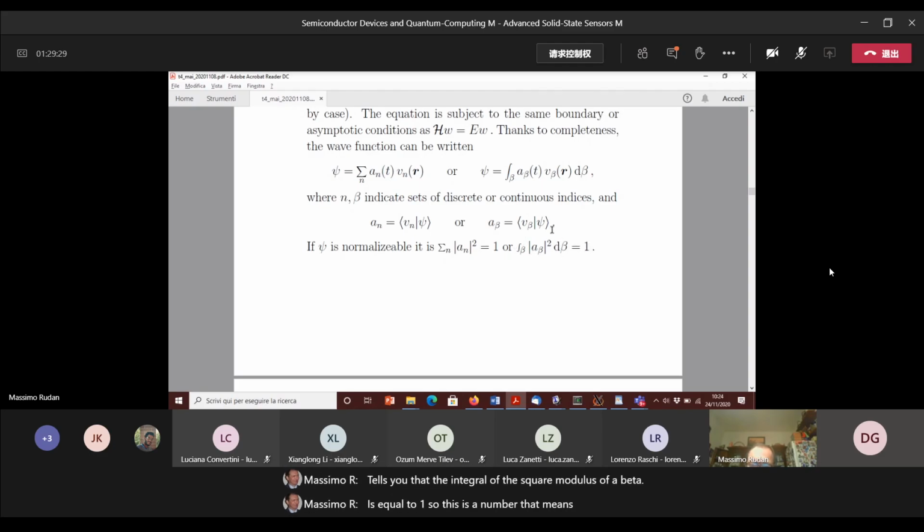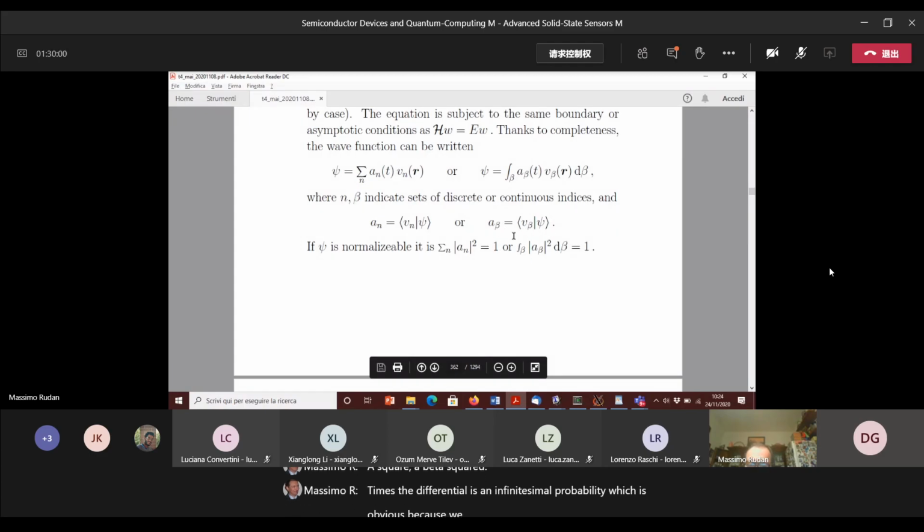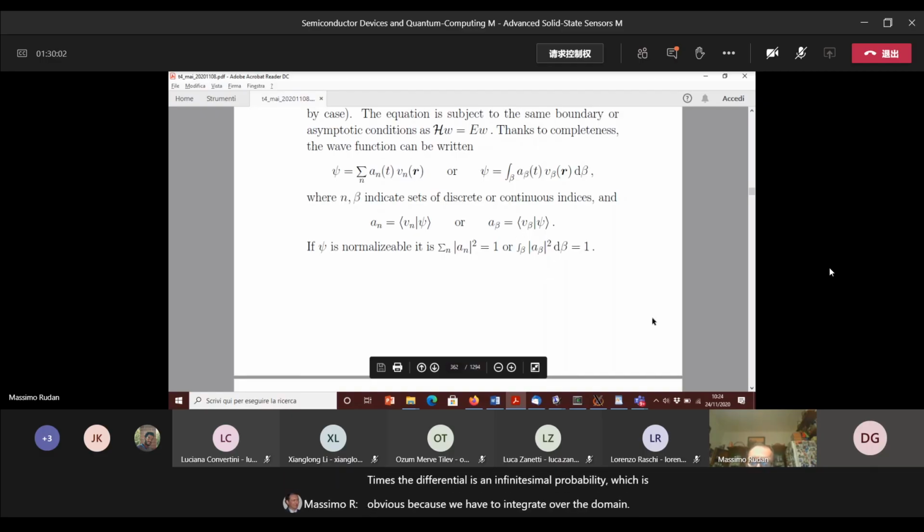That means that the quantity modulus of a(beta) squared times the differential d beta is a pure number, an infinitesimal quantity that is a pure number. So this product is an infinitesimal probability, which is obvious because we have to integrate over the domain of beta in order to find the normalization.